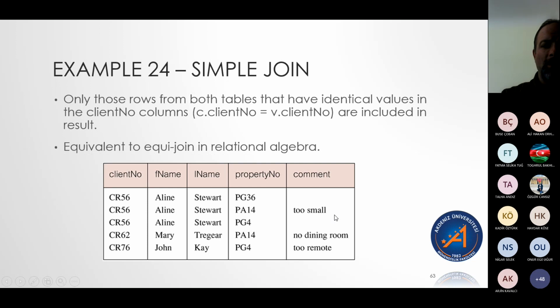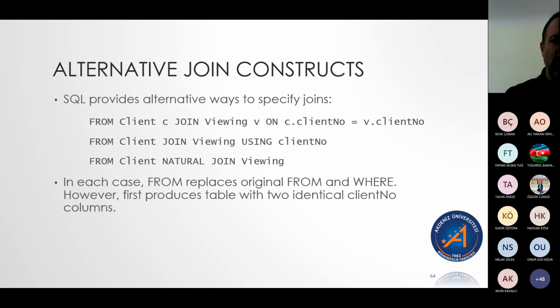Now, there are a couple of other ways that we can also write the same SQL from the from clause on. We could say from client join the viewing table on this. That's another way that it could be written. From client join viewing using client number.